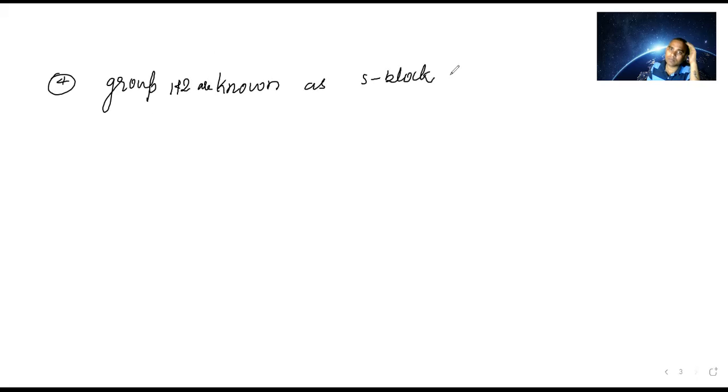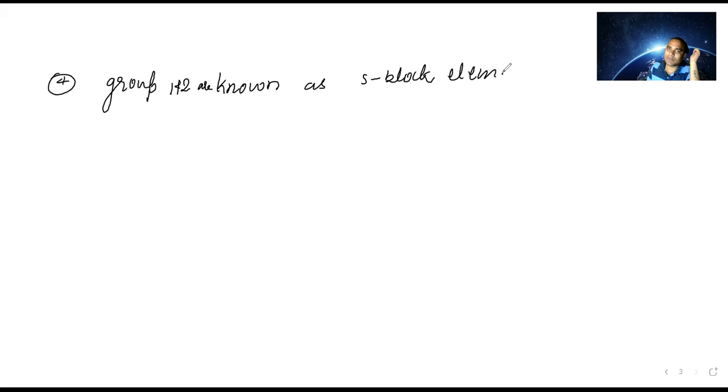Here, that is the fourth point. Group 1 we have to study in detail in the s block. Group 1 and 2 are known as s block elements.